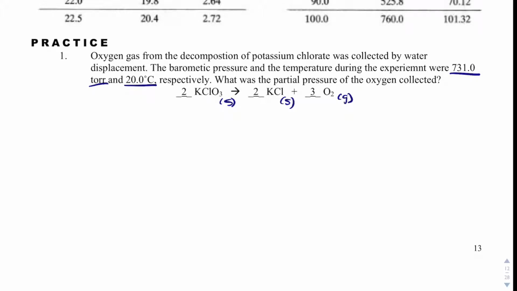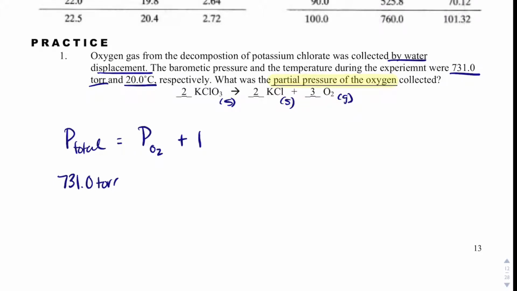And I want to know just the pressure of the oxygen being collected. So partial pressure, it sounds fancy, that just means the pressure of oxygen being collected. Well, the total pressure was 731.0 torr, and we had the pressure of oxygen, that's P gas, and then because I collected it by water displacement, I also have some water vapor in there that I don't really care about.